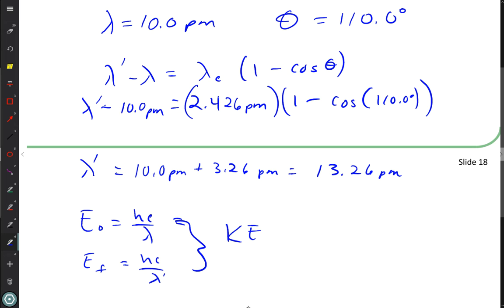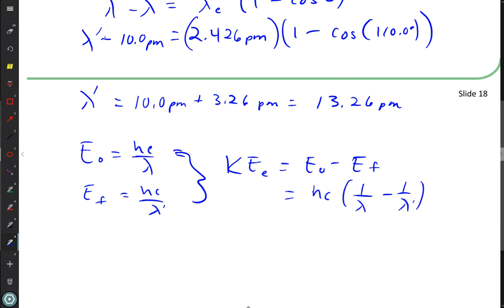Kinetic energy of the electron is equal to, and now we just have to do the calculation.